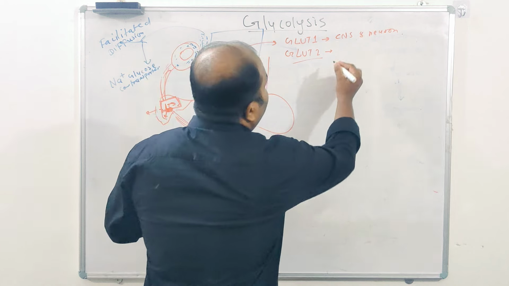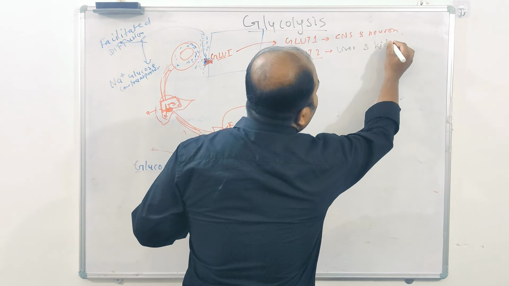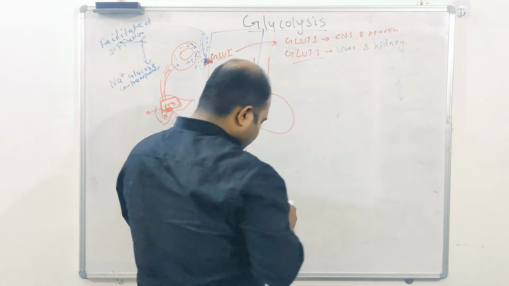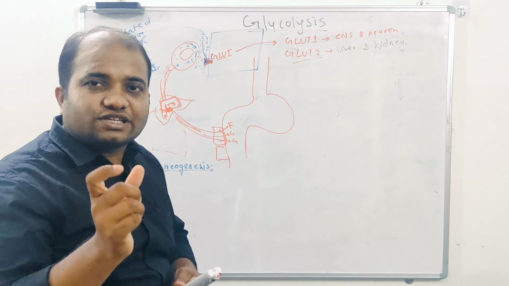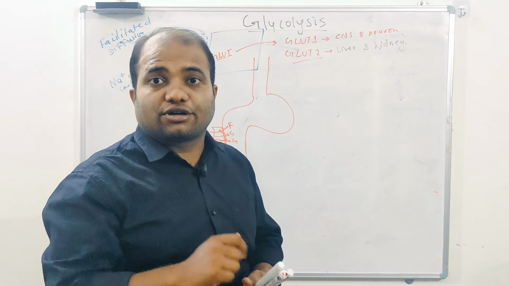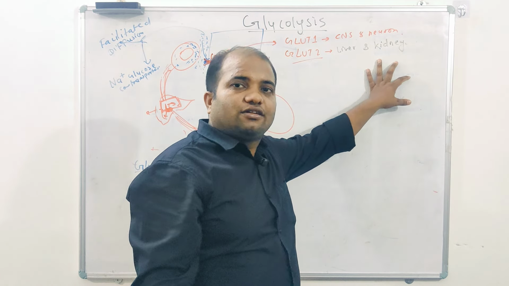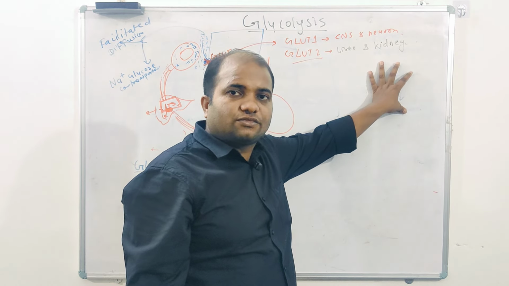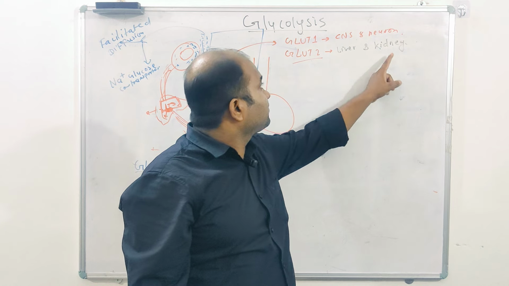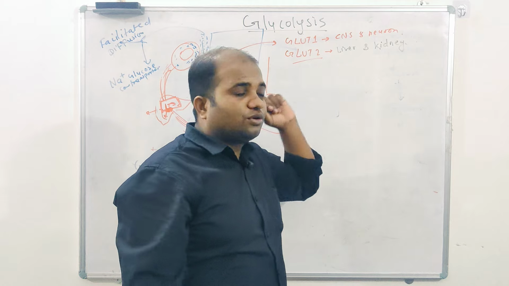That means it should occur in liver and kidney, because GLUT2 receptors will be present in such types of cells where there will be a storage of glucose or where gluconeogenesis should occur, right? So these two, liver and kidney, are the most popular cells. Renal cells, nephrons, and hepatic cells have GLUT2 receptors.